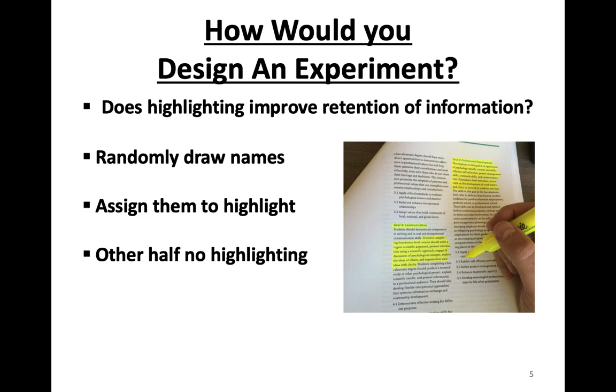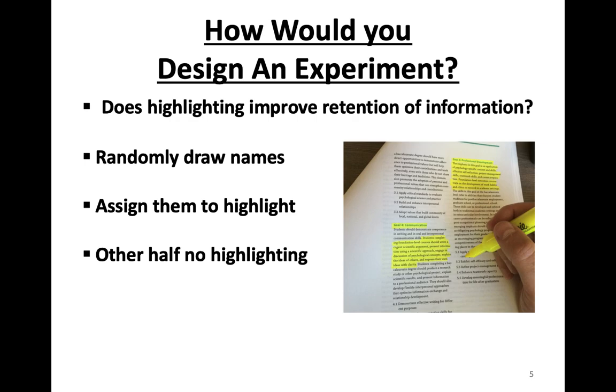And the reason that we're going to randomly assign people to highlight or not is we're going to try to even out or spread out any pre-existing differences between people. It could be the case that if we just created these two different experimental conditions, one in which we wanted people to highlight and then measure how much they were able to remember or retain afterwards, another group of people, we say just read it without highlighting, and then we're going to measure how much they remember or retain afterwards.